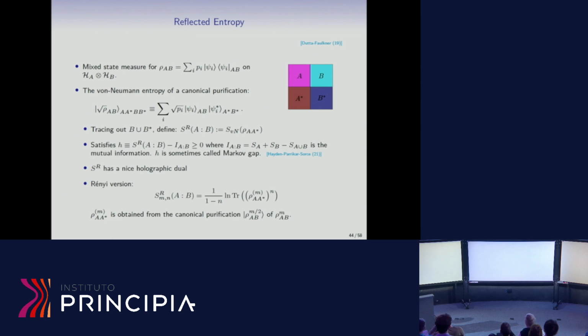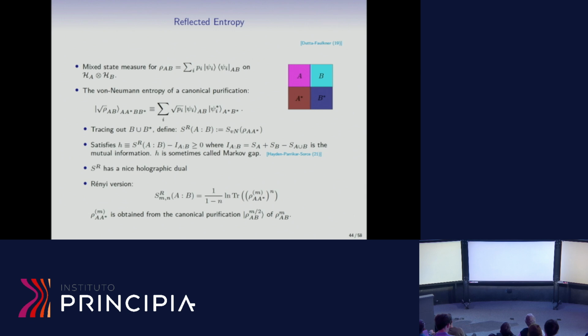I have to also do some coefficient change here, but that's basically what you do. This state is constructed such that if you take the partial trace over A star and B star, which are the fictitious Hilbert spaces, you go back and reproduce the mixed state. So you write the mixed state as a pure state, but the price you pay is that you have to enlarge your Hilbert space. This is called canonical purification.